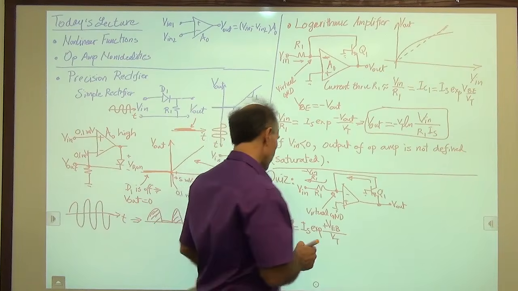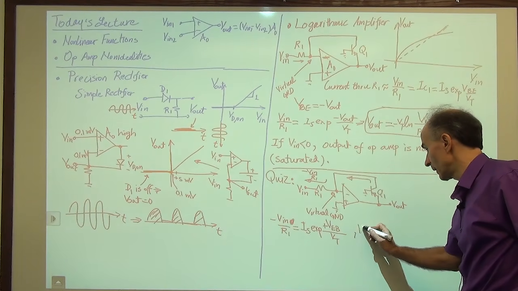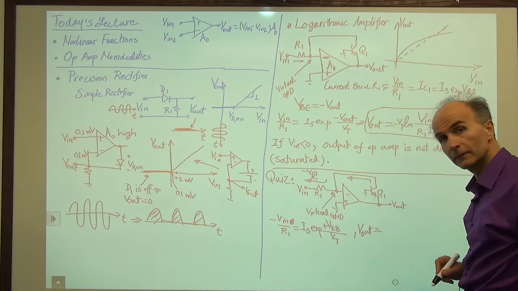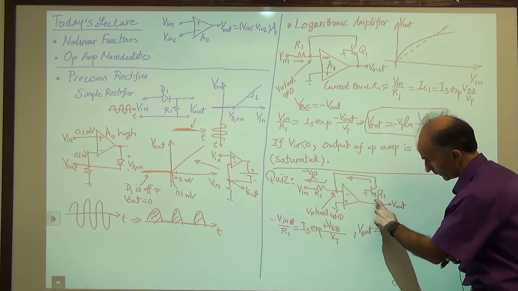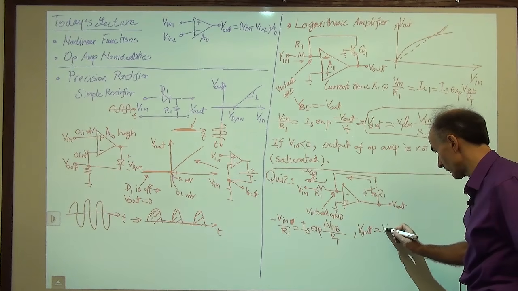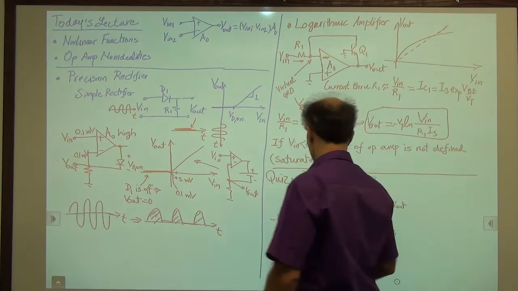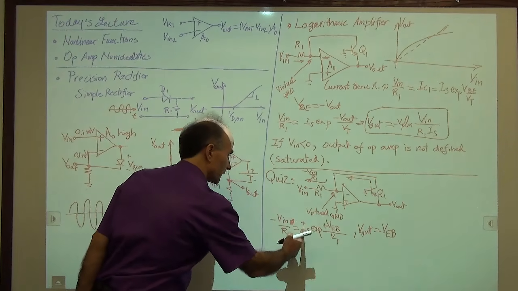Very well. So now we can go ahead and calculate Vout in terms of Vin, given that Vout is equal to VEB. VEB is from here to here, and Vout is also from here to ground. So in this case, it's just VEB. So that allows us to write, we divide by Is, multiply by VT.